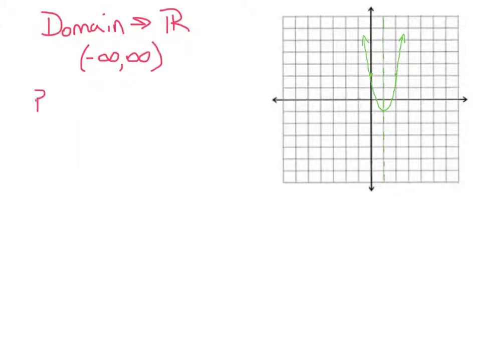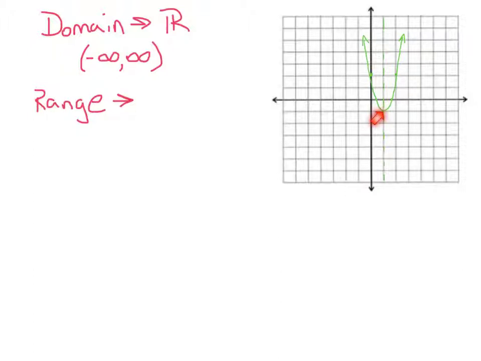Now another part that we want to talk about is the range. What is the range of this function? If you remember correctly, range is referring to the y values. The vertex is the minimum of this parabola. If it opened upside down, it would be the maximum. If we follow the curved line, we keep going up forever and ever in the y direction, but we can't get any lower than the vertex.